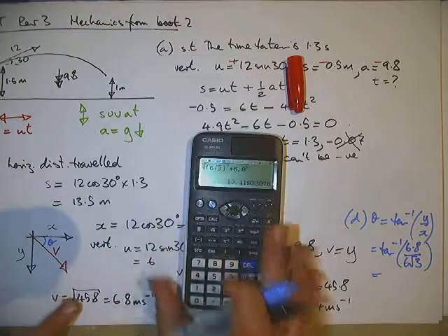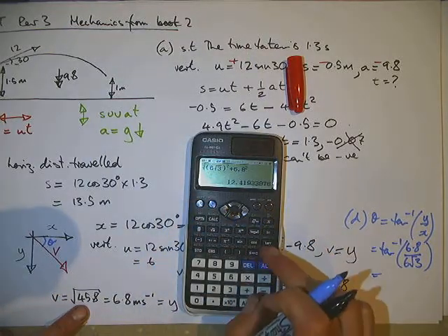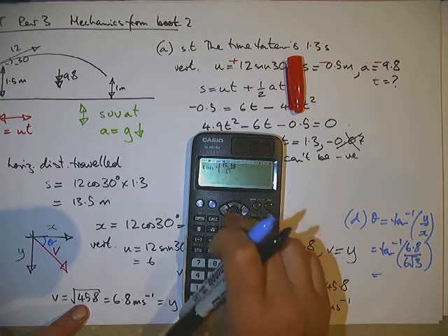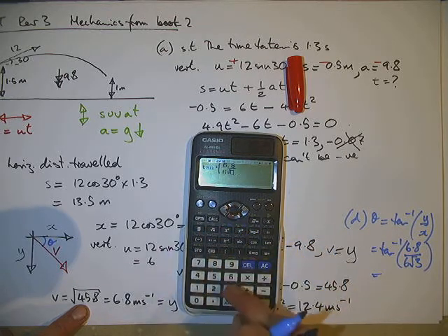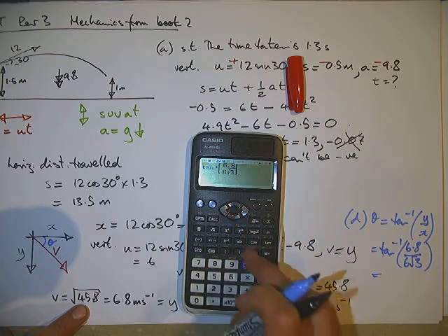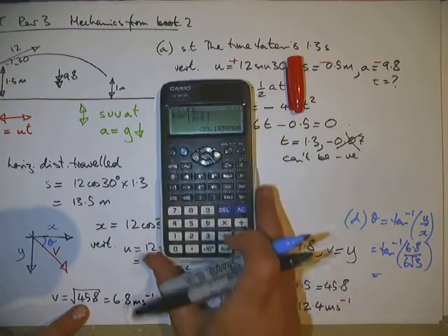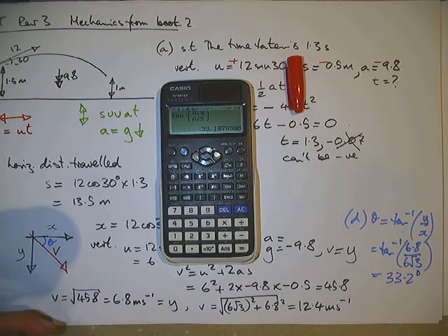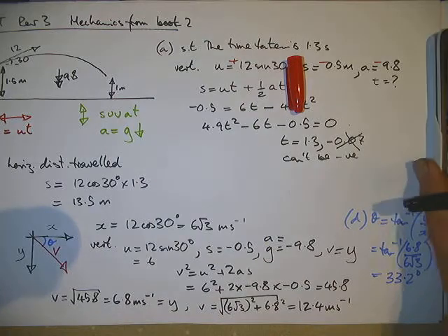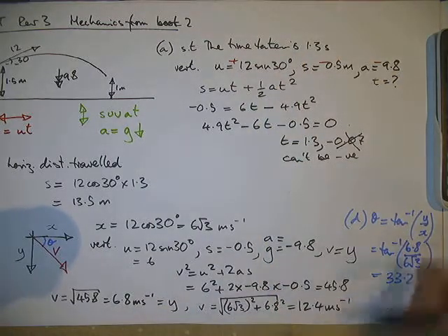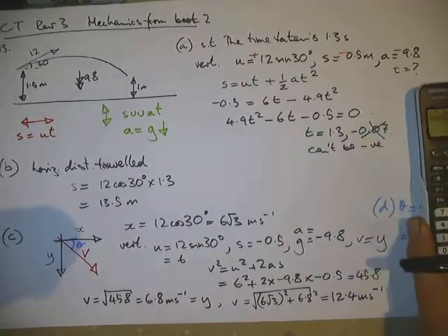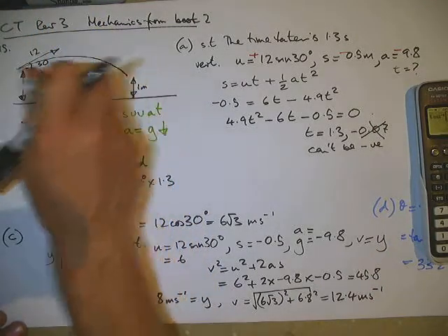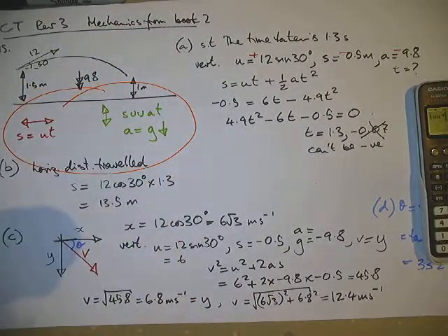And that gives an answer of 33.2 degrees. Which is a really classic projectiles question, working on this key idea here, that you keep the horizontal and the vertical separate.